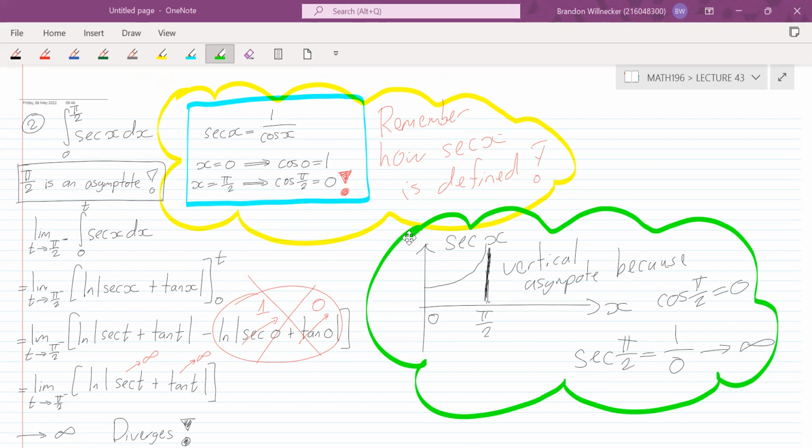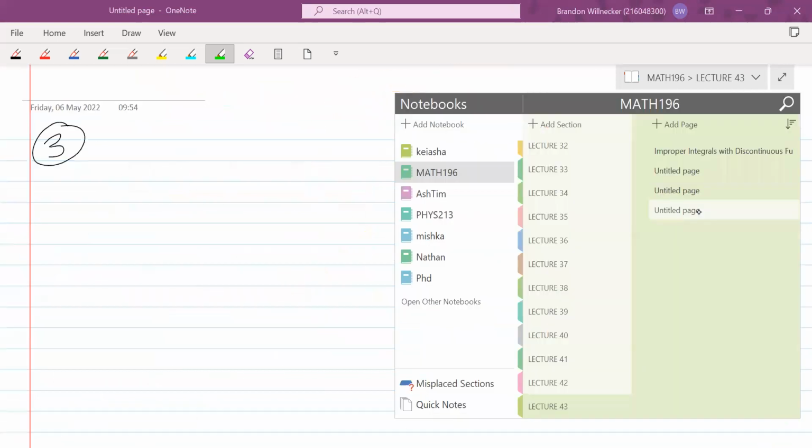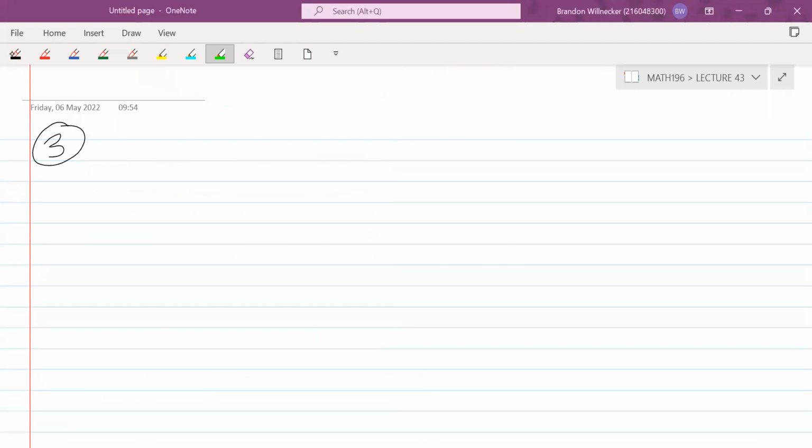You just need to check, does the function go to infinity or not? If it does go to infinity, then we've got an asymptote there. Okay, no problem. Let's go back to our third example here.